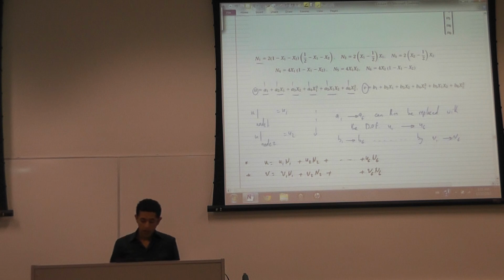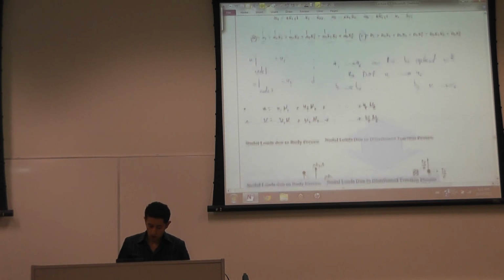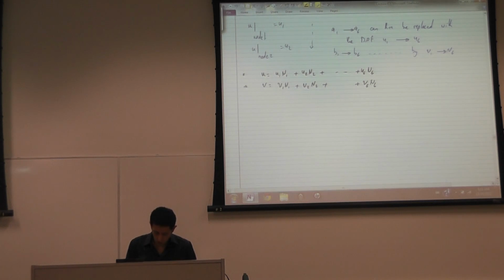But it was also realized that these shape functions can be obtained in a more intuitive manner as follows. So how can I find those shape functions?